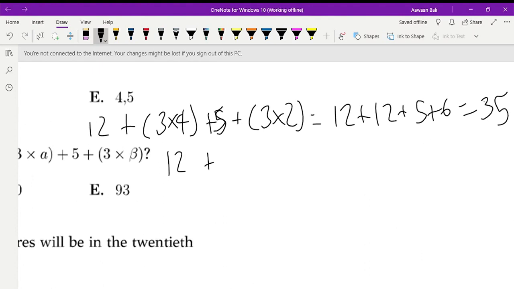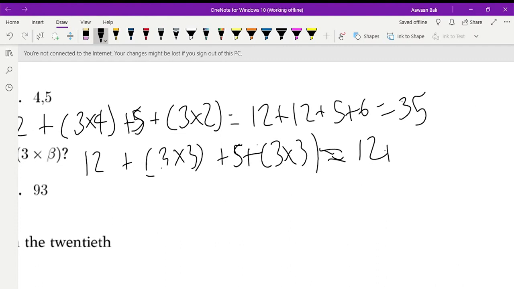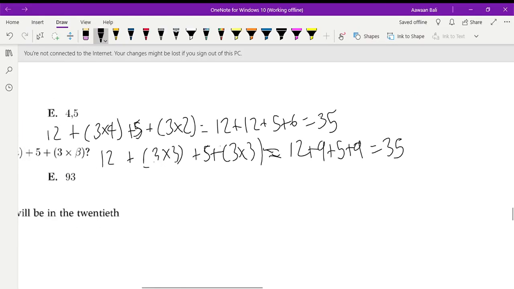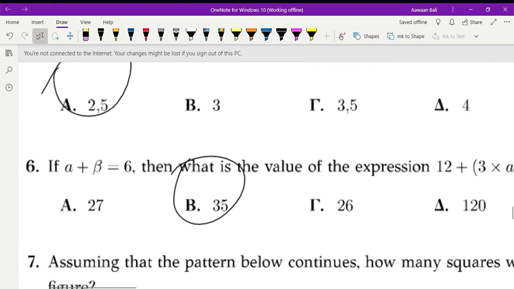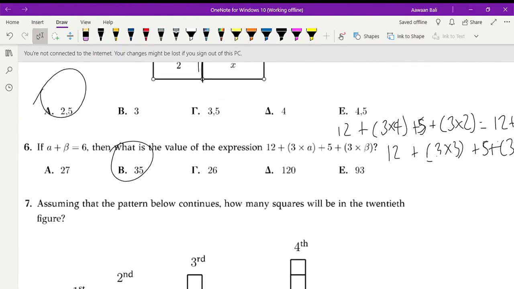Like if you said 12 plus 3 times 3 plus 5 plus 3 times 3, you get 12 plus 9 plus 5 plus 9. And that's also 35 if you add it up. So basically, since you're always saying alpha plus beta is equal to 6, you'll always get the same answer in this case. And that means that you're always going to get 35. It's going to be correct because you're following the rules here.